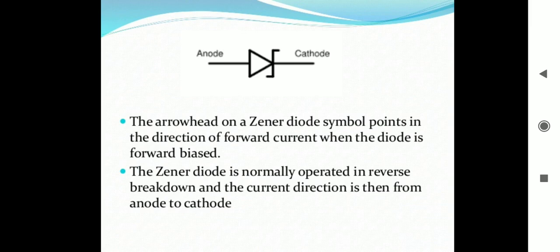The current flowing through the Zener diode increases dramatically to the maximum circuit value, which is usually limited by a series resistor, and once it achieves this, the reverse saturation current remains constant over a wide range of reverse voltage.